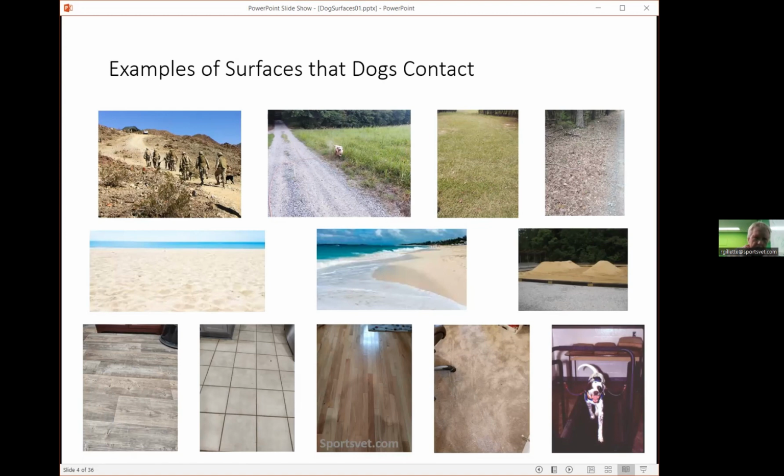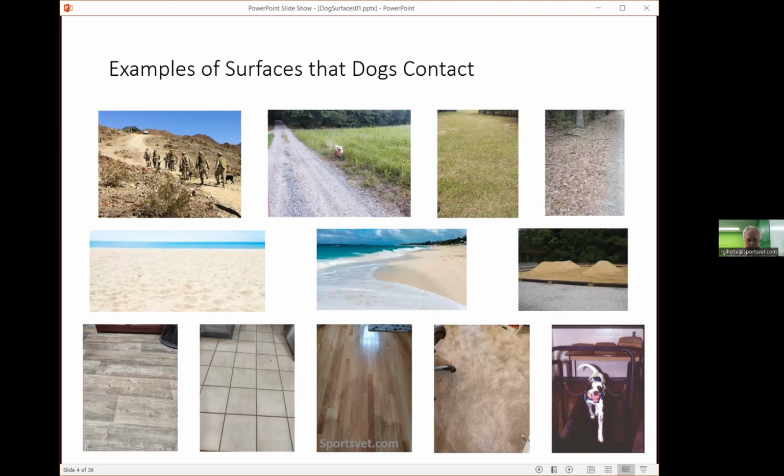So if you look at that middle row on the right, there's some sand with some sand hills in it. What we did, and those dogs in the upper left went through all these conditioning programs, is we would have them go over various surfaces, but it was all defined by, okay, if this dog's going to be, say, a Navy dog, this dog will probably engage in some beaches.